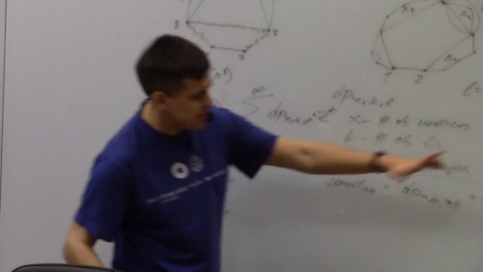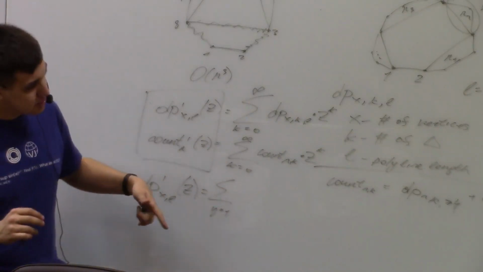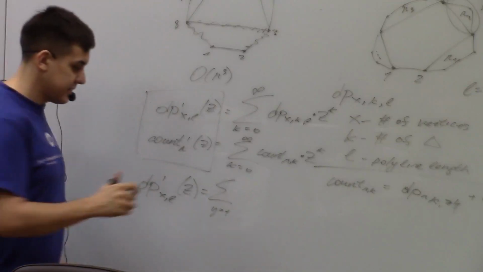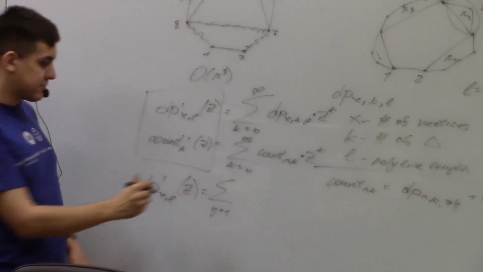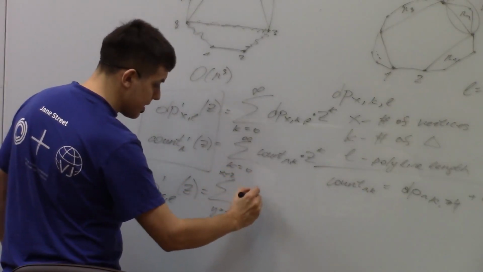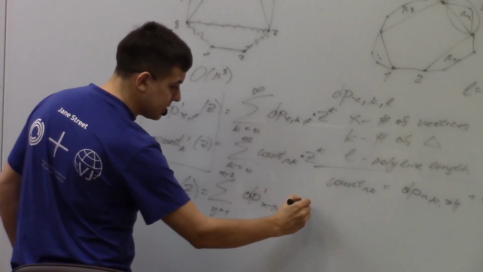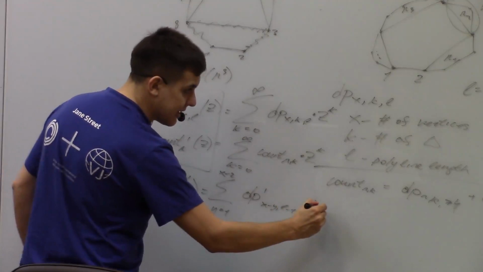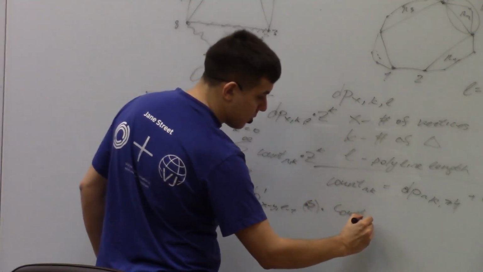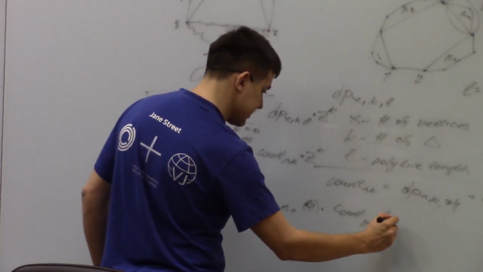These formulas might be off by plus or minus 1. Not sure if they're correct, but I think that's the correct idea. So we sum over all y's from 1 to x minus 2, dp prime of x minus y and L minus 1 of z times the count of y plus 1 of z.